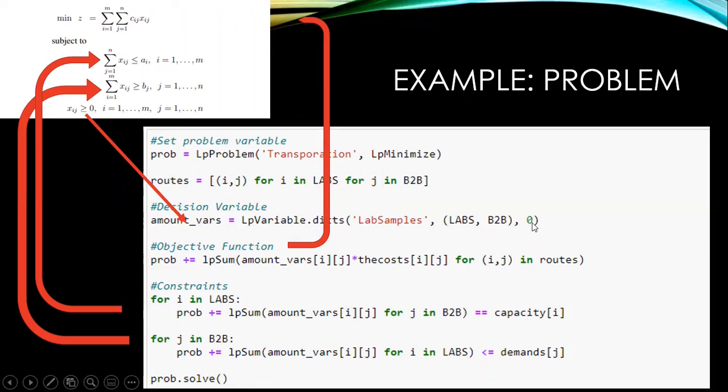Hence, we have written 0 here. This is the objective function, which is to minimize the cost multiplied by the quantities for all the routes. And these are the constraints. The first constraint is for capacity, and the second constraint is for demand.